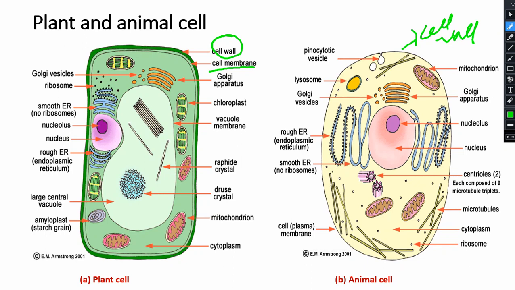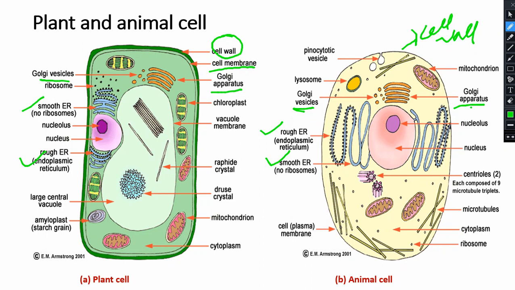Here you have the Golgi apparatus, which is also in the animal cell, and Golgi vesicles. Smooth endoplasmic reticulum and rough endoplasmic reticulum are both present here.